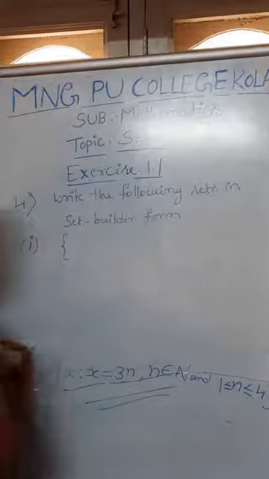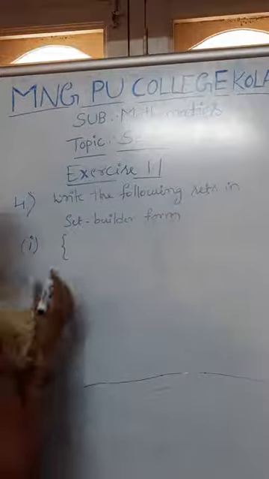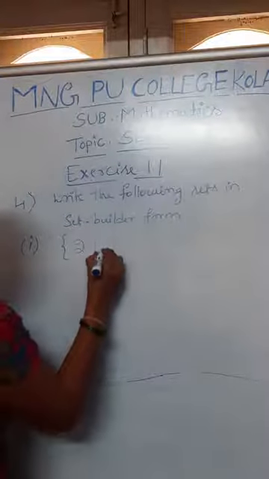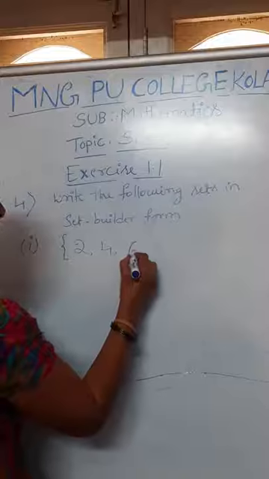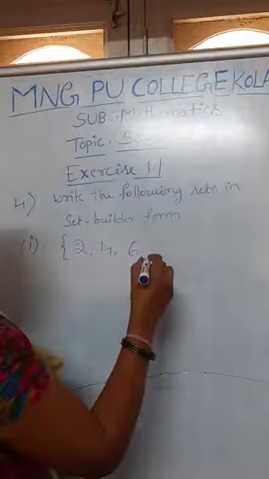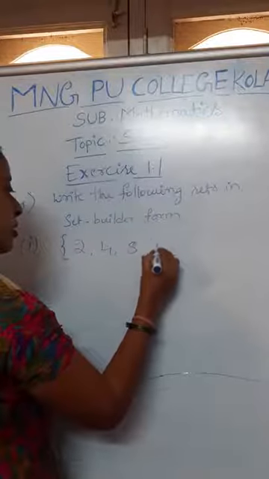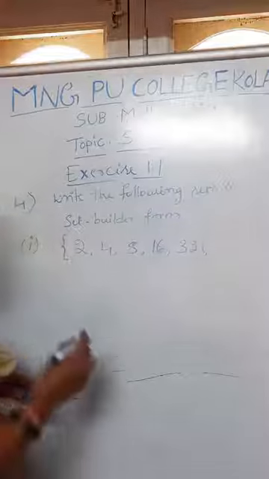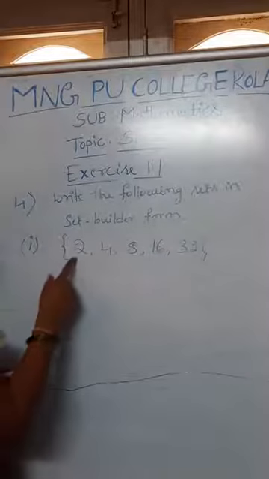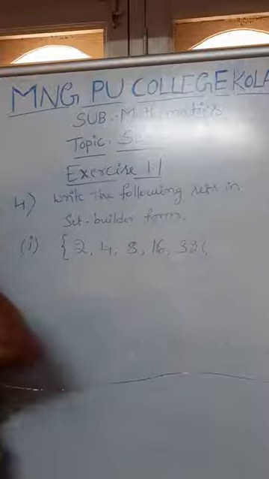Let's take another one: 2, 4, 8, 16, 32. Is there a table here? No. 2 ones are 2, 2 twos are 4, 2 threes are 6, but here 8, 16, 32 are there.